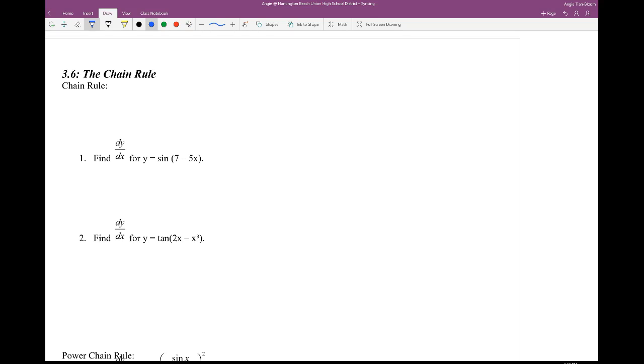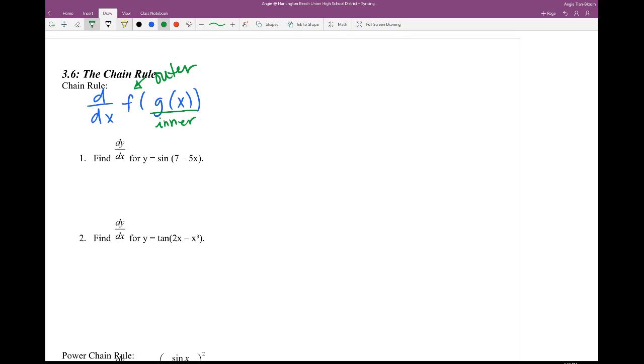Okay, chain rule definition is the derivative. If you have a composition of functions, so f composed with g of x, let's talk about the inner component. This is the outer component. This whole thing right here is the inner component with respect to x.